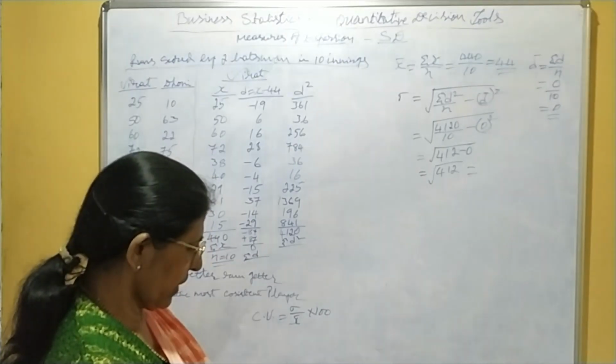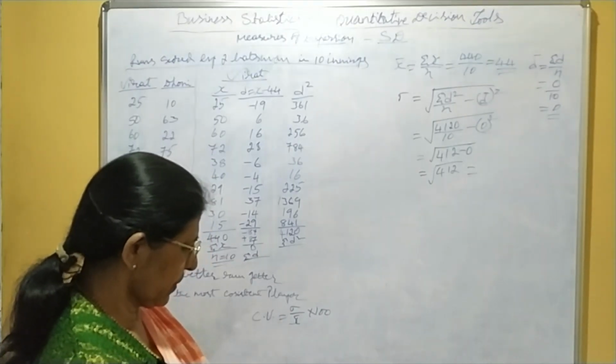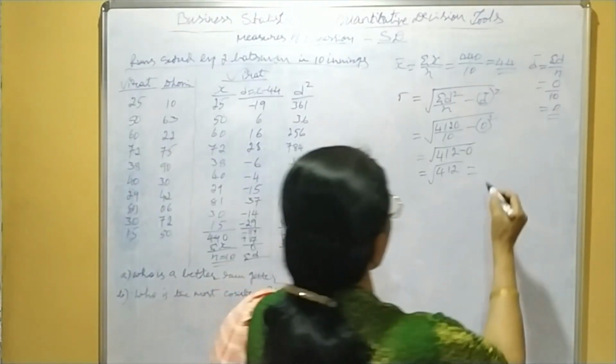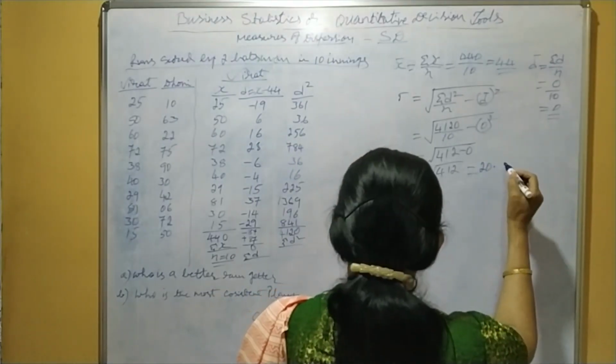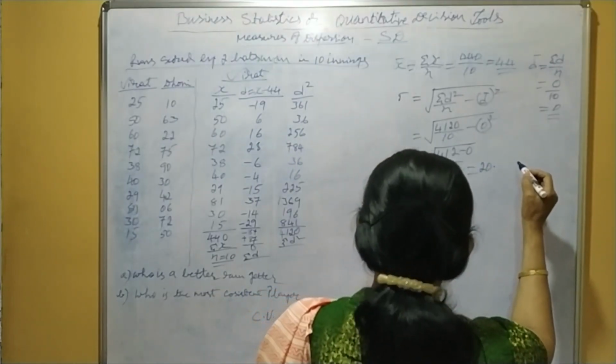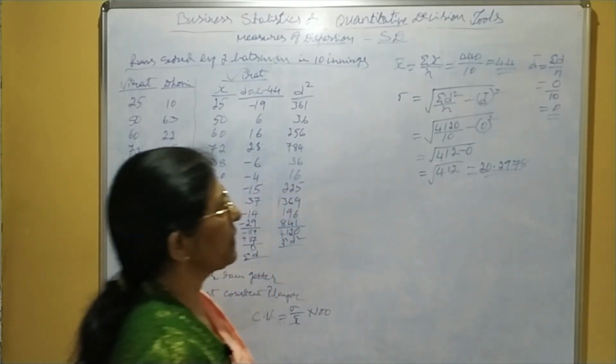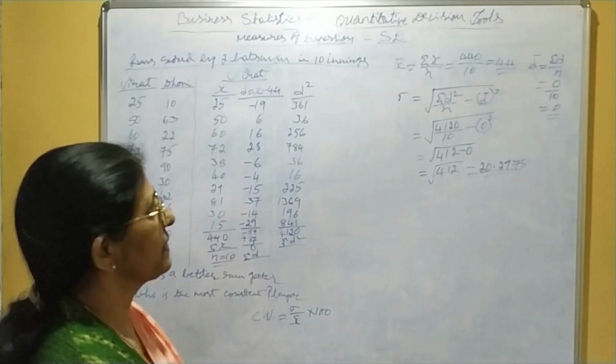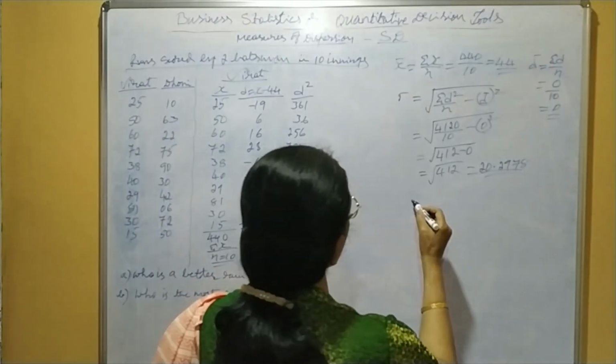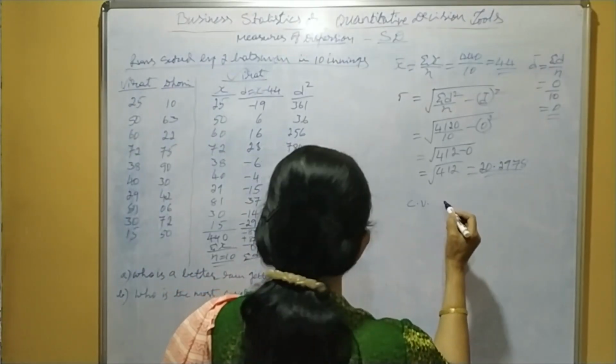Remove the square root. It comes to 20.2978.